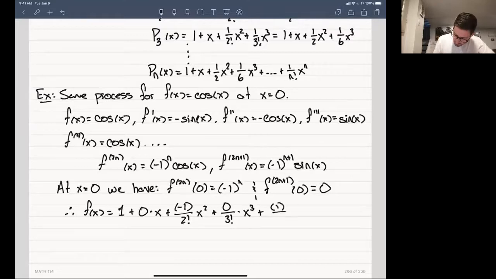I have 1 divided by 4 factorial x to the 4, and so on.